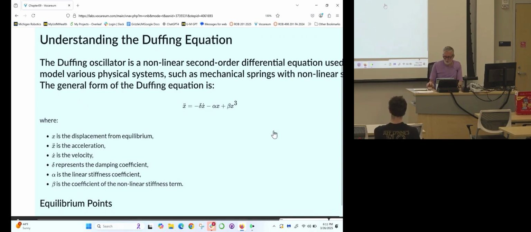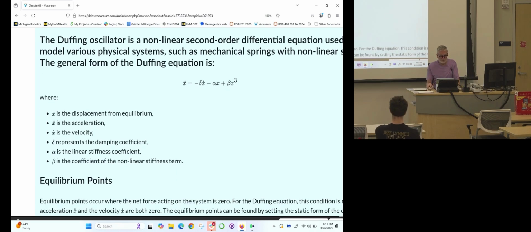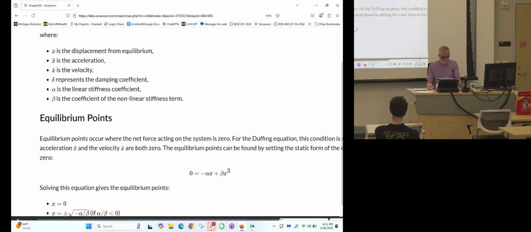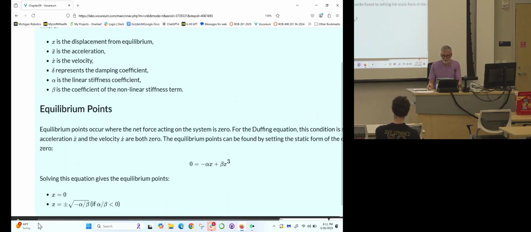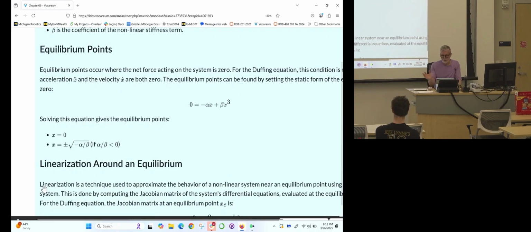So here's an equation where you don't have physical intuition like you do for the pendulum. Just use analysis, right? So second order, just like we had before. To get equilibrium points, find the roots of this.